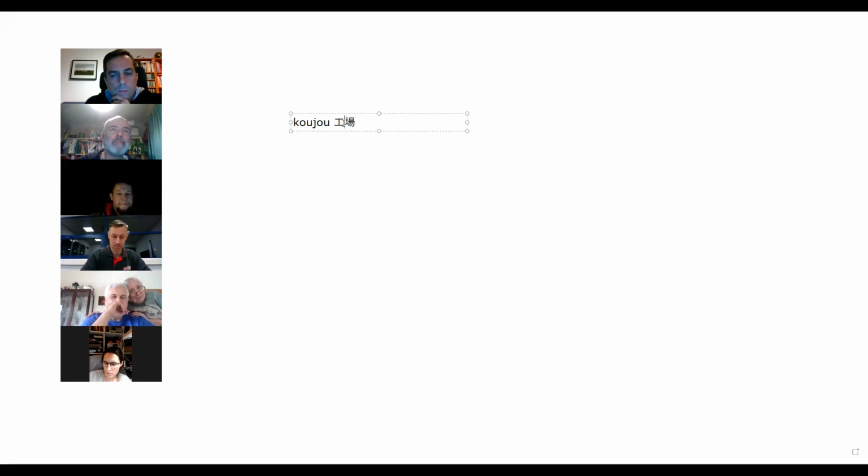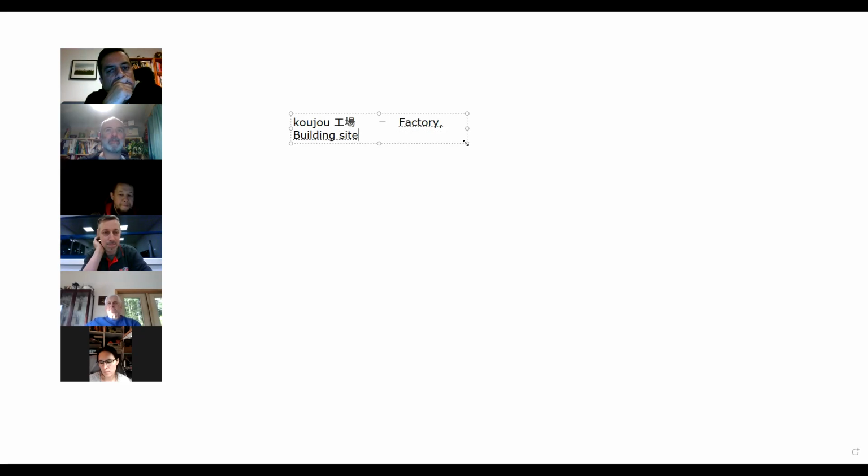The kanji for construction or industry actually looks like an I-beam. I thought you'd like that, Kim. And then it's jo, which is the same jo as in dojo, place. So this means a factory, kojo, or it can also mean a building site, which is confusing if you want to go to a factory and somebody tells you how to get to the building site.